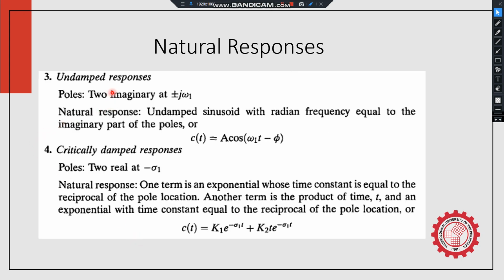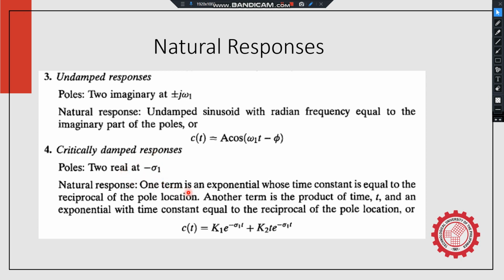For the undamped response, the poles are two imaginary, and the natural response is an undamped sinusoid with radian frequency equal to the imaginary part of the poles. And lastly, the critically damped has two real poles of the same value.